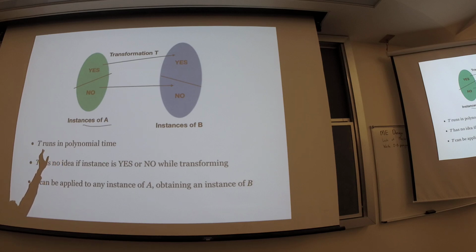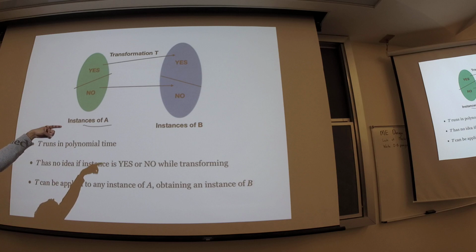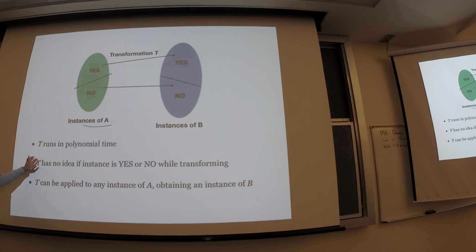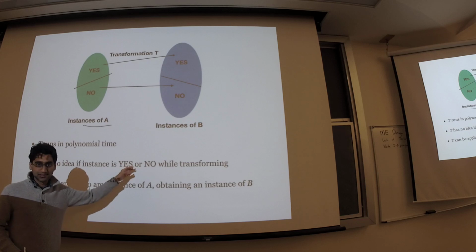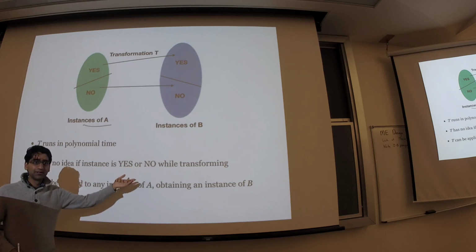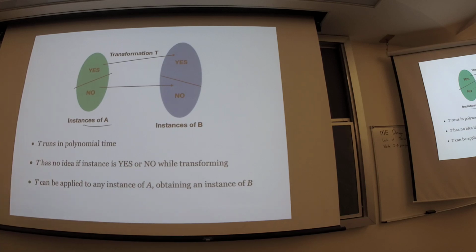It transforms yes guys to yes and no guys to no. And this is what I said is important: T has no idea if an instance is a yes or a no instance, unless the problem happened to be solvable in polynomial time.